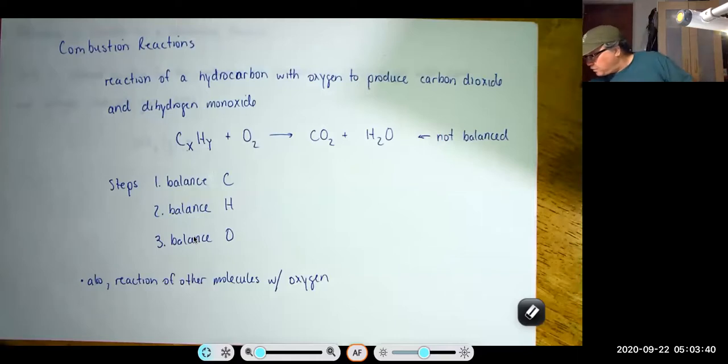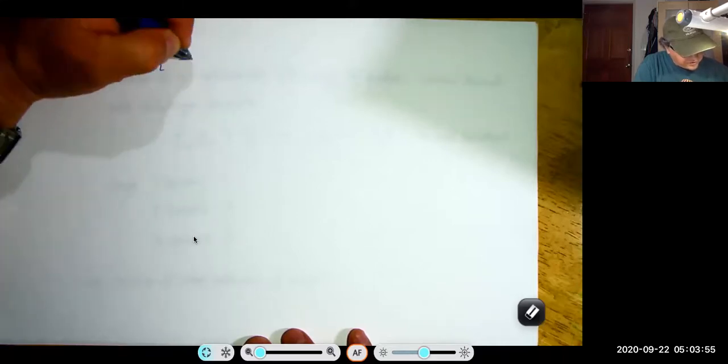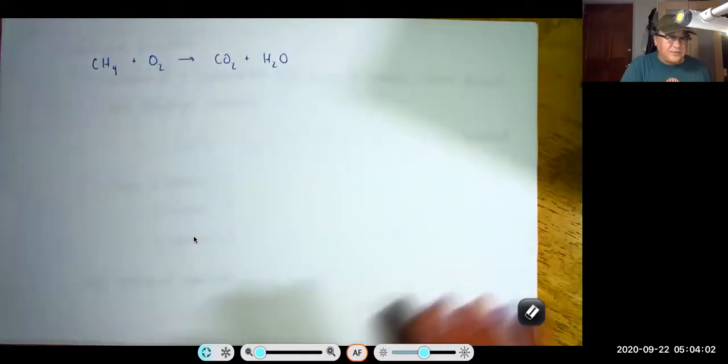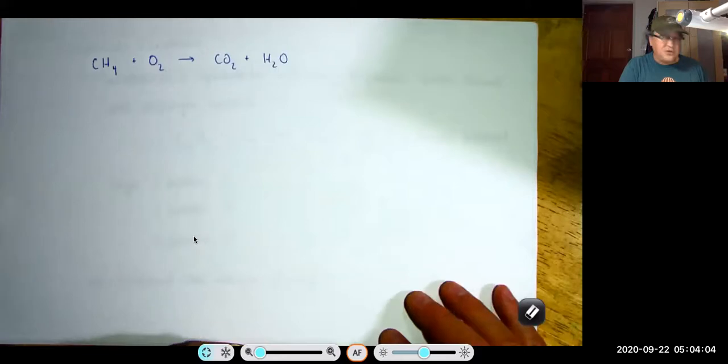Now, we're going to go ahead and balance a couple of combustion reactions. So this is a little ad hoc here. I'm just going to throw this in here. So let's look at the combustion of methane to form CO2 and H2O. So this is something you can do when you're balancing reactions, but you don't always need to do it.